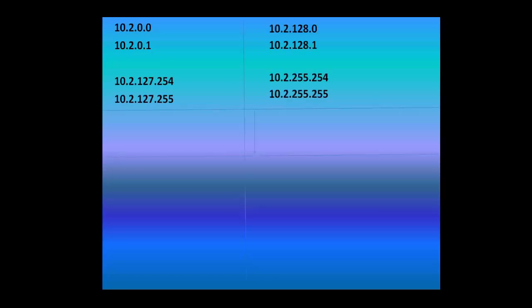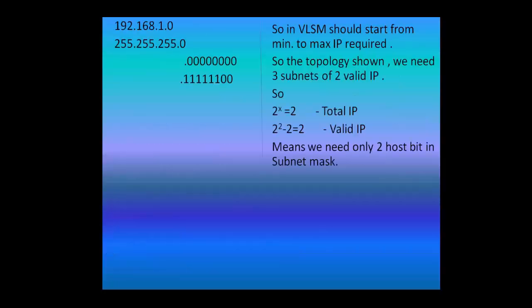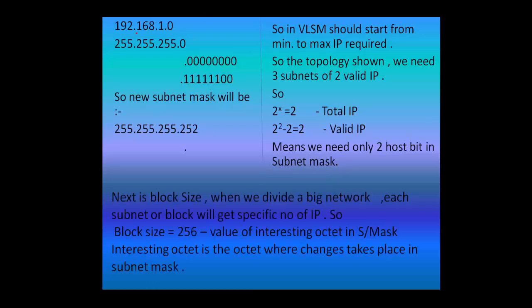Like we are doing the subnetting or VLSM, whatever we are doing. We have calculated this new subnet mask with this IP series. The default subnet mask is this.